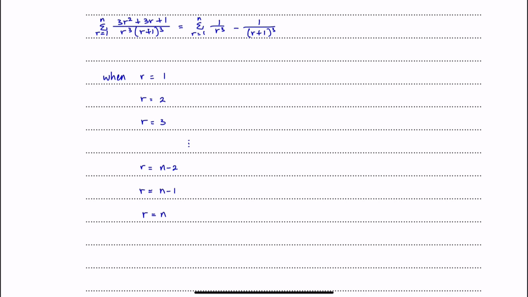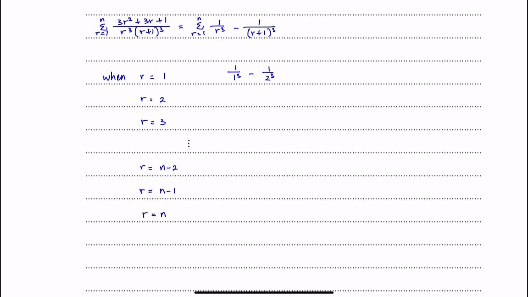So when r equals 1, we just look at this expression. When r equals 1, we have 1 over 1 cubed minus 1 over 2 cubed. We don't even need to find what 2 cubed is for now.